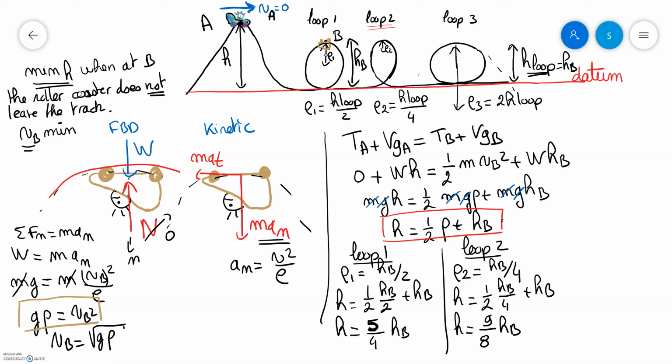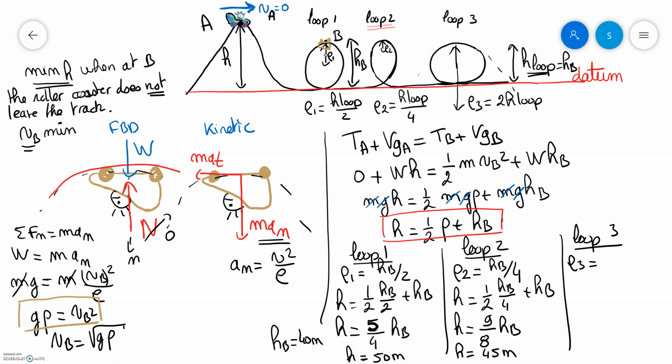Now if HB equals 40 meters, H will be equal to 45 meters. So in the first case, H equals 50 meters, and in this case, H will be equal to 45 meters.